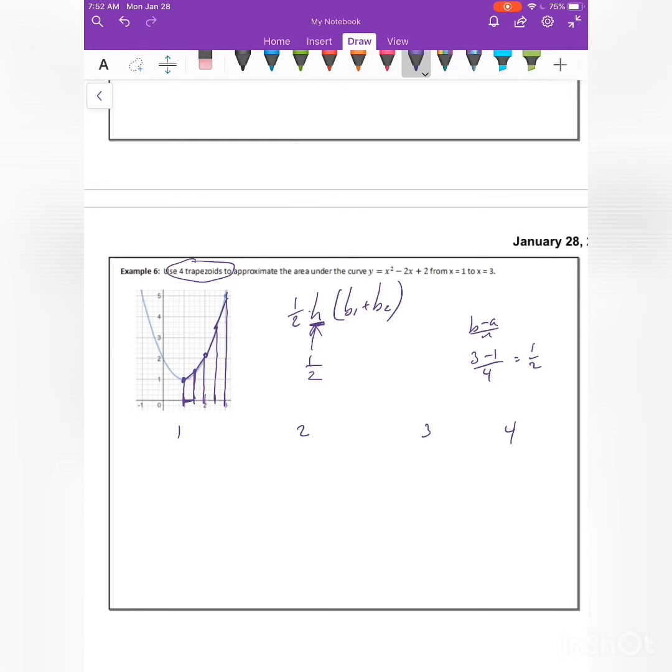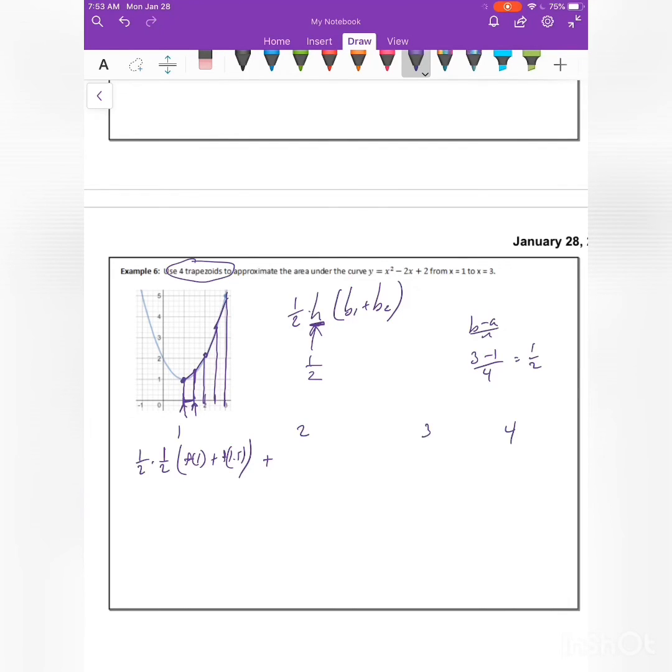So we've got 1/2 times 1/2 here, and then base 1 plus base 2 is f of 1 plus f of 1.5. That's our first trapezoid because 1 here and 1.5 here.